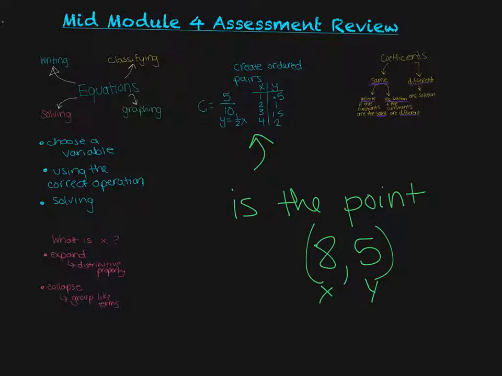No, it's not. Because for it to be half, that y would have to be 4. So if the question says, is this scenario right? Is this wrong? Is (8, 5) a point on the line? No. And then say why. Because when I plot this point, it wouldn't be on the line.